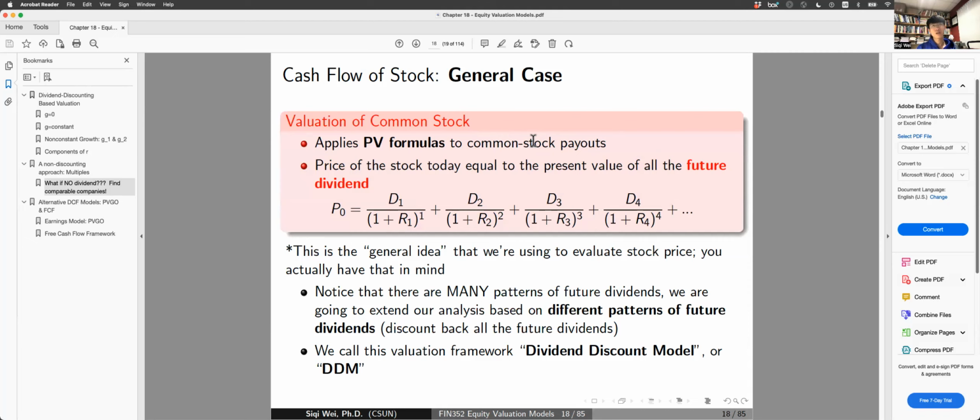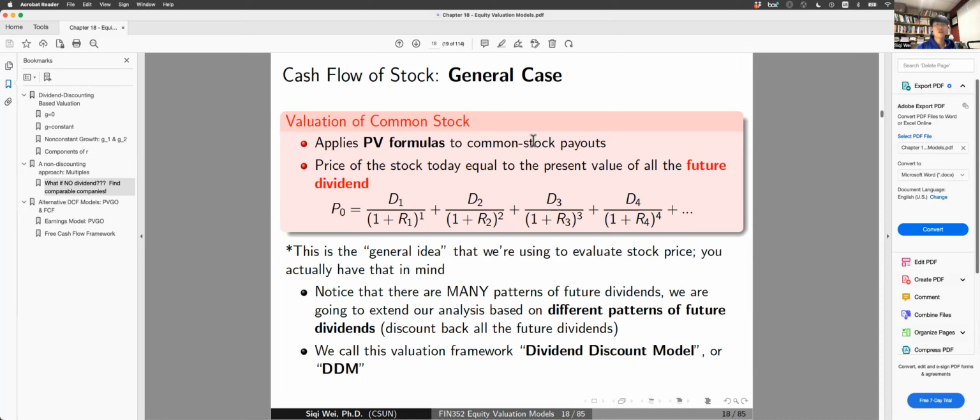So it's actually very legitimate to assume firms always pay dividends. Okay, I know there are many firms you can argue rarely pay dividends or never pay dividends, but at the end of the day, you have to pay back the investors. Otherwise, it's a Ponzi scheme.